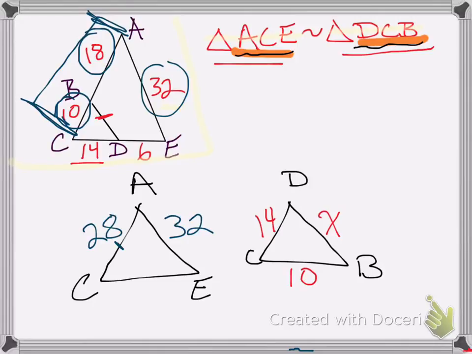Same thing for CE on the bottom here. C all the way to E. Put those two together and we should get 20.